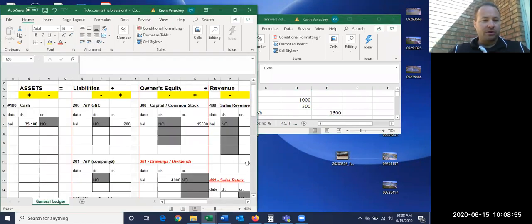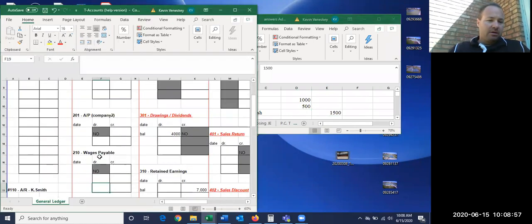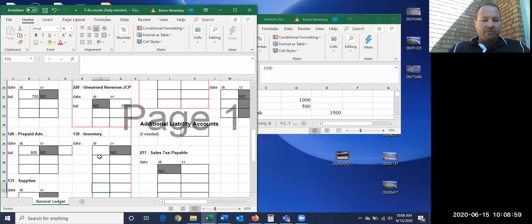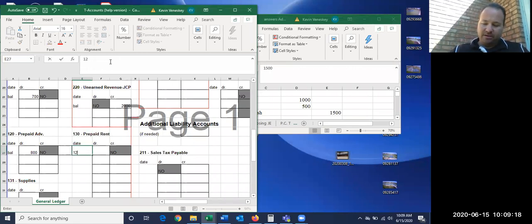Now we need to put these into our T accounts. First thing I see is I don't have a prepaid rent account, so I'm just going to go ahead and make this one a prepaid rent since I already have it available. We're not going to have inventory. We're not going to start that until next week. So we have prepaid rent, and this is on, I believe it was 12/5.